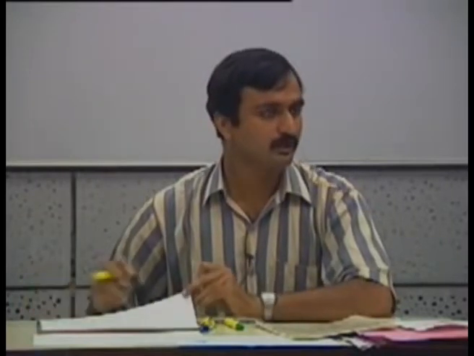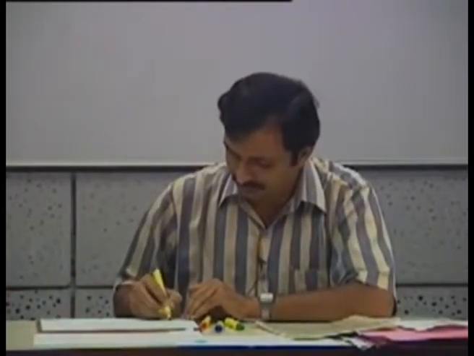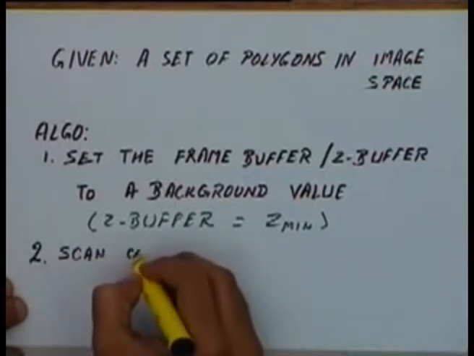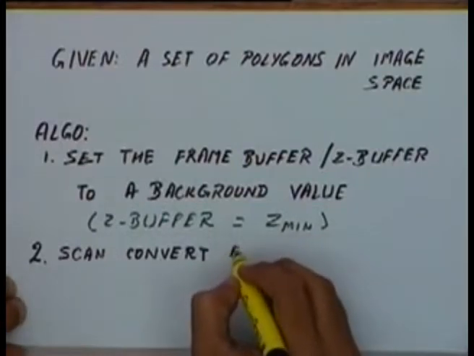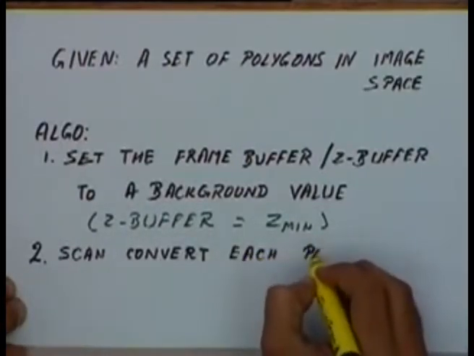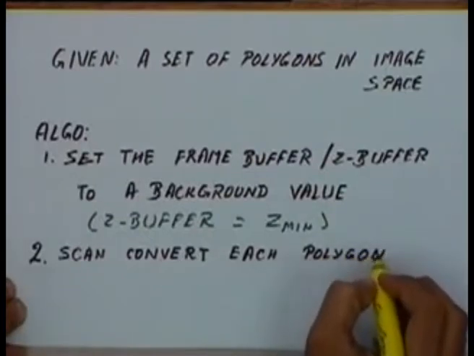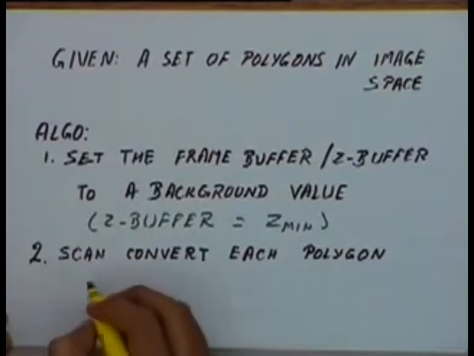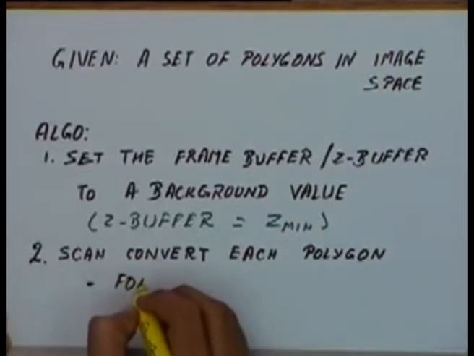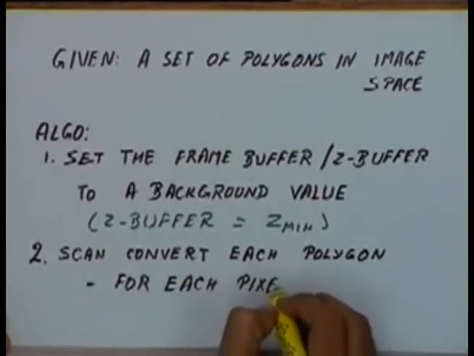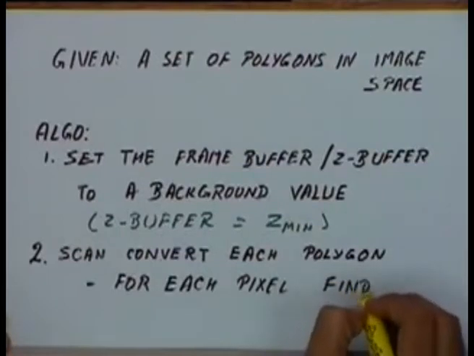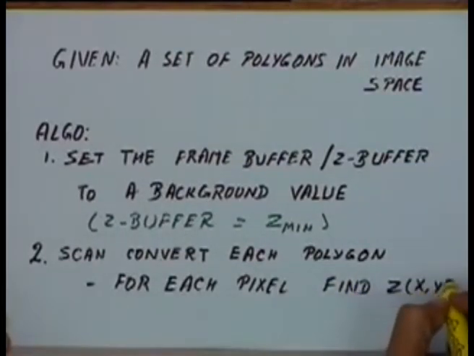What algorithm do we use? Polygon filling, or scan conversion. So we'll use a scan conversion algorithm. Just scan convert each polygon. While scan converting, we'll say for each pixel, find the depth at that point.